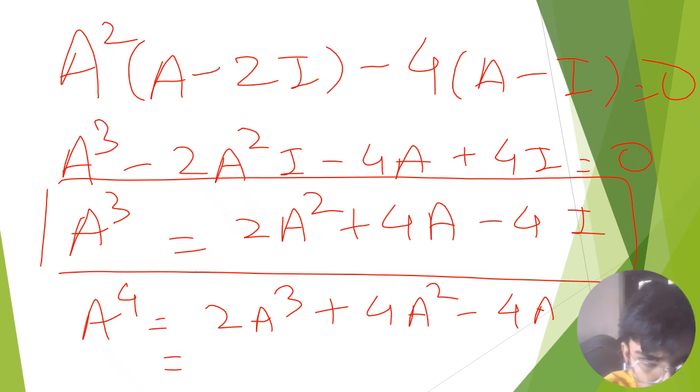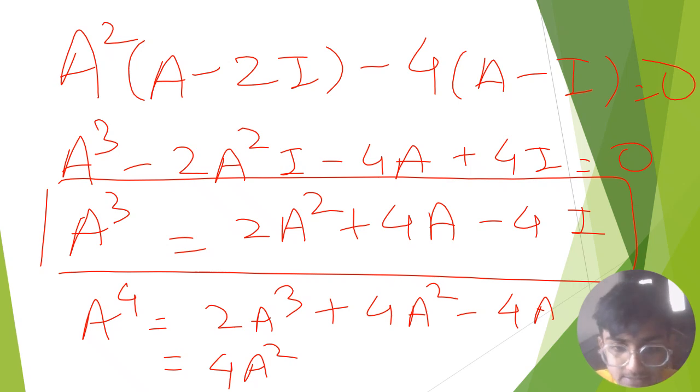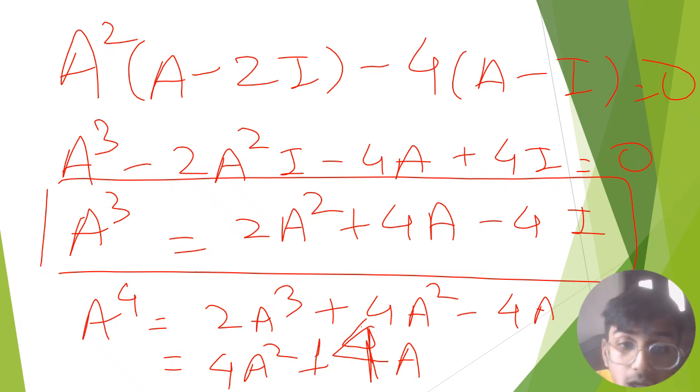You will get 4a square plus 8a, 8a minus 4a, 4a. Okay, wait, I think we are okay. Done. So 4a square, 8, and minus 8I.